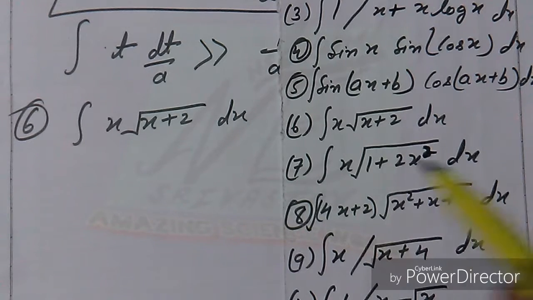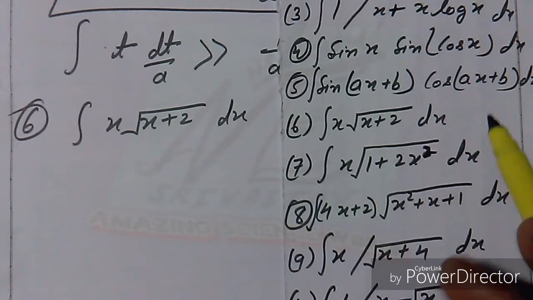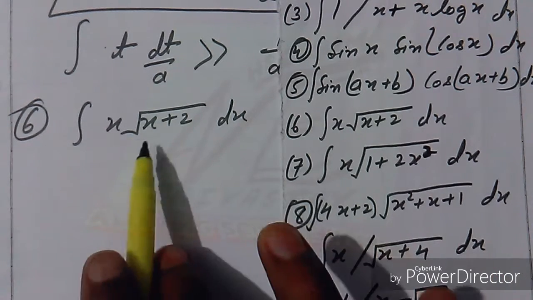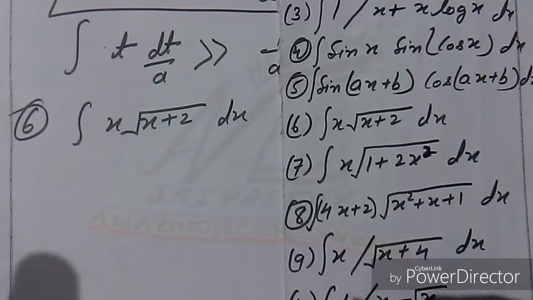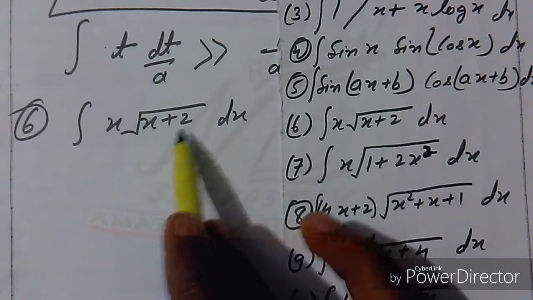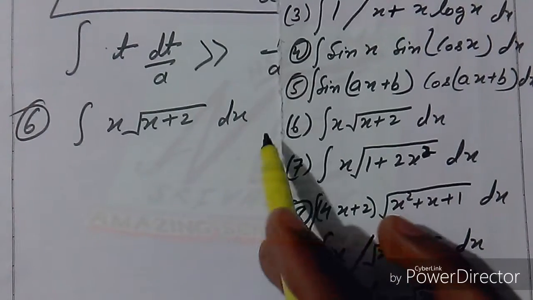But in an algebraic type of question, what we suppose matters. Because if we suppose x plus 2 is equal to t, then what will come? The derivative: 1 is equal to dt by dx.